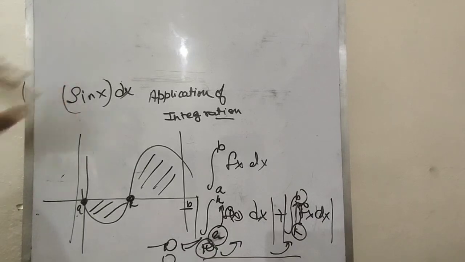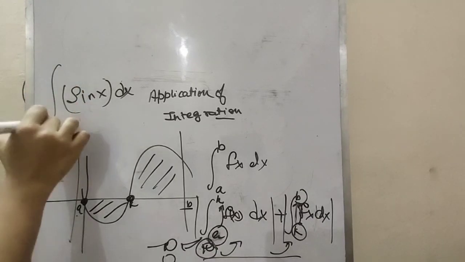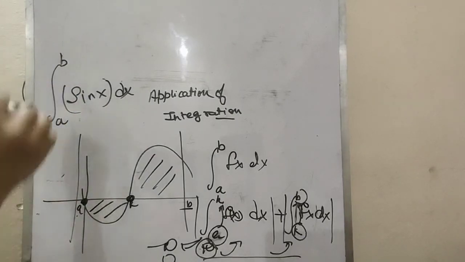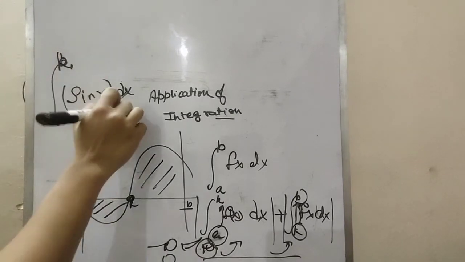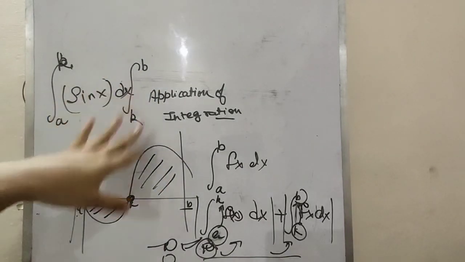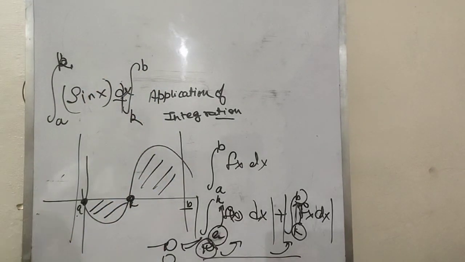So that is the point, and then I integrate it from a to b, and I'll break it in fact from a to k and then from k to b, and then I'll integrate them both and add them up. So I'll get a proper answer for its value basically.